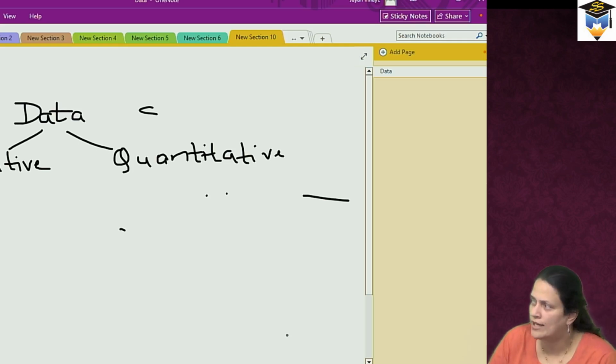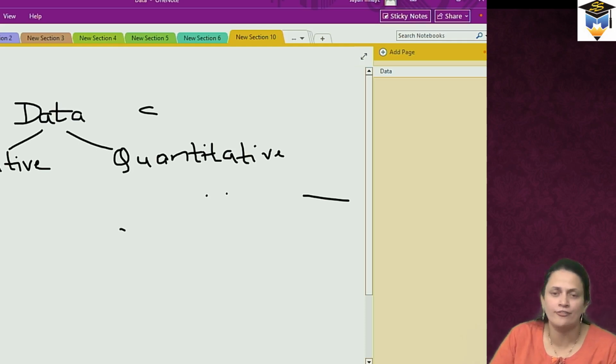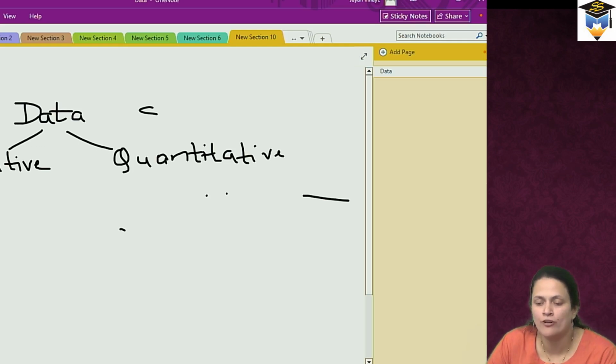Okay, so now as I was telling you, data is classified into two types, qualitative data and quantitative data. Now write down the example of qualitative data. The examples are height or weight of students or marks of students.